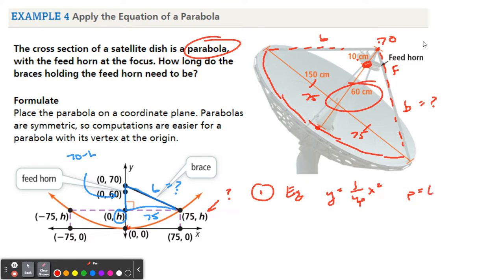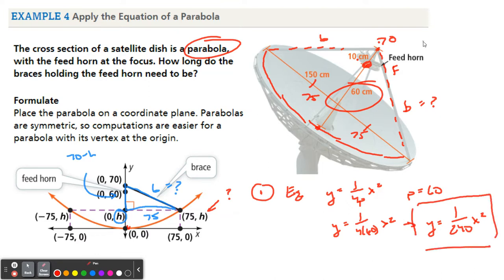So p is 60. So our equation is y equals 1 over 4 times 60 x squared, which means y equals 1 over 240 x squared. There's our equation.